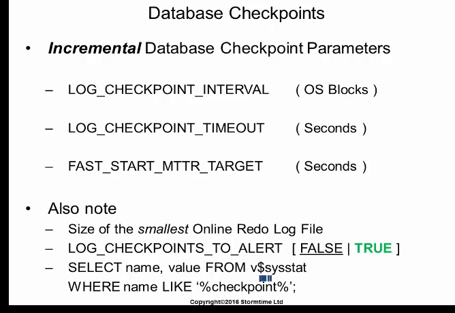It's in V$SYSSTAT, the name and the value, where the name is like, and it is case sensitive and lowercase, and that will tell you the number of background checkpoints started and completed. The problem we've got is if we take a checkpoint, say because we're using FAST_START_MTTR_TARGET and that has been met, and very soon afterwards we switch log file, that instigates another checkpoint.